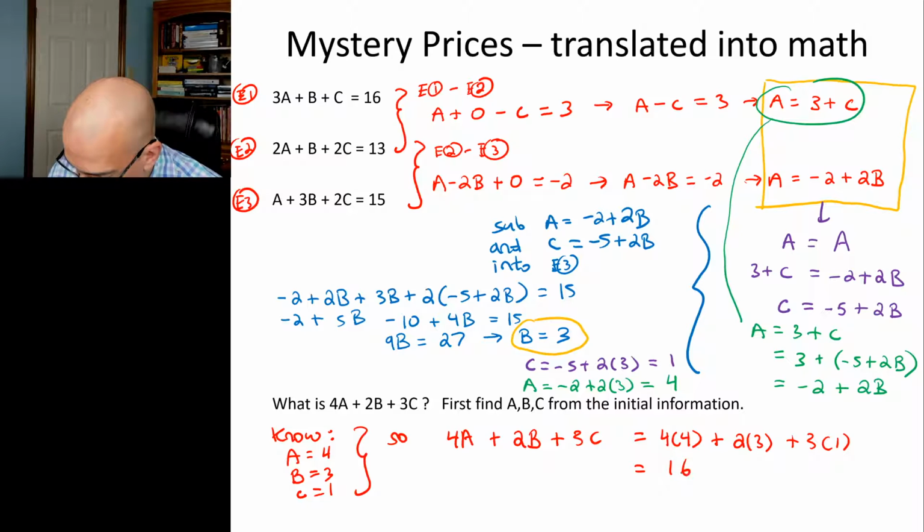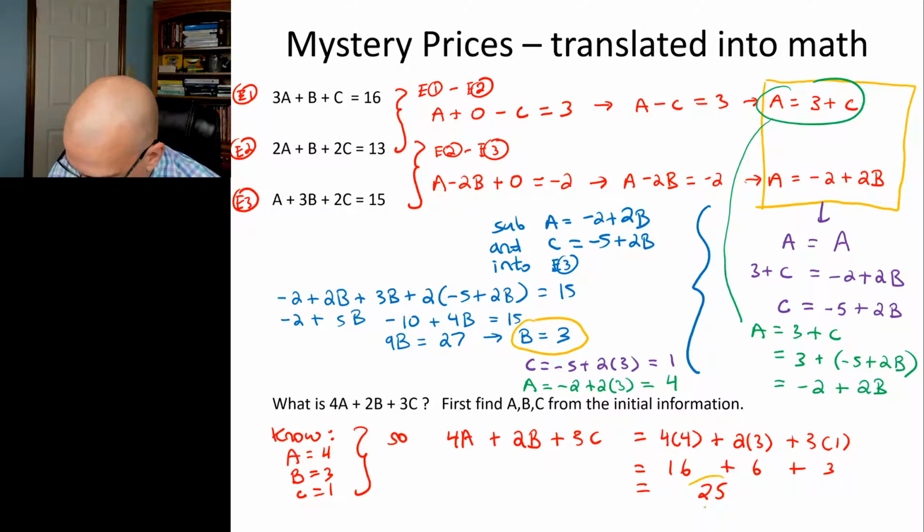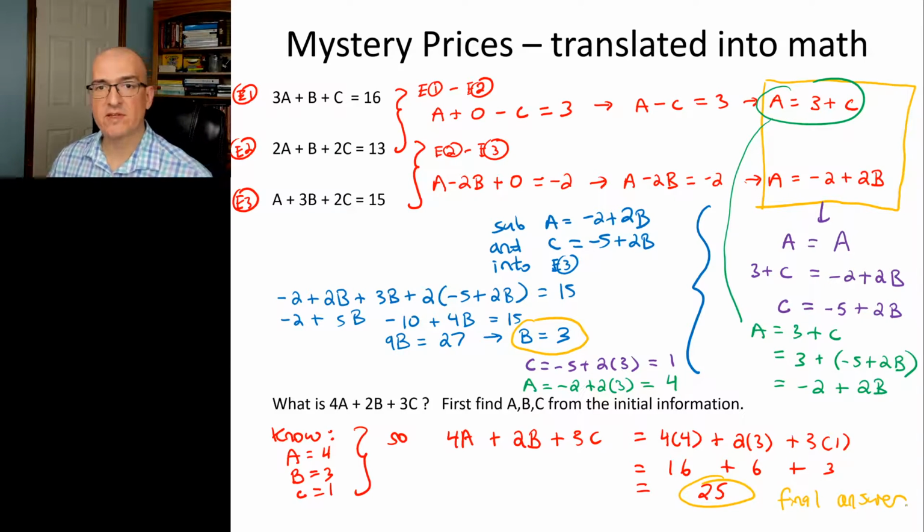So 16 plus 6 plus 3, which is 25. That's how much our shopping list is going to be based on this information.